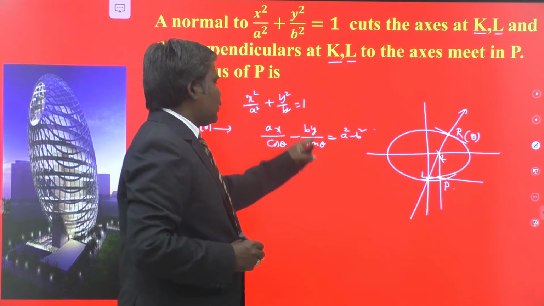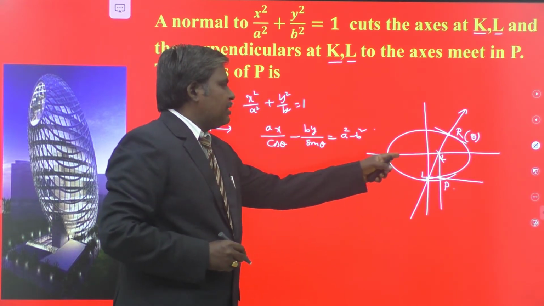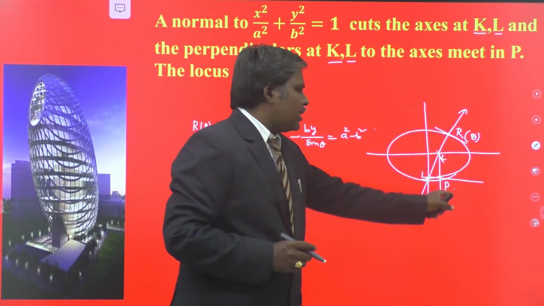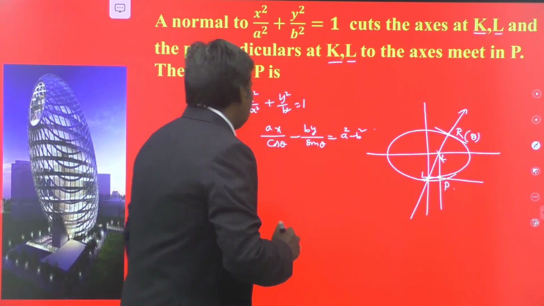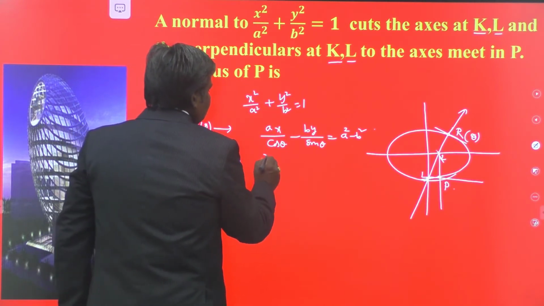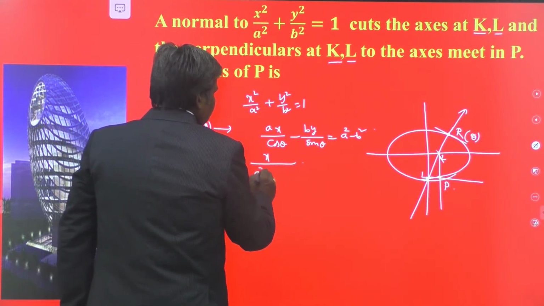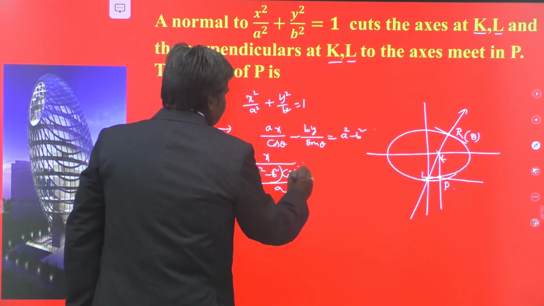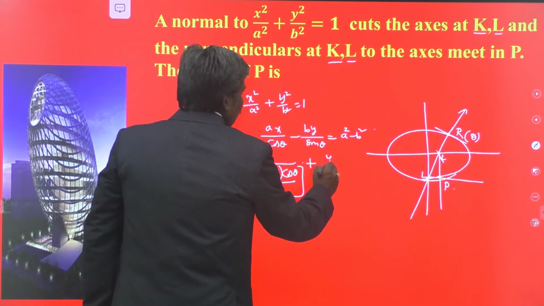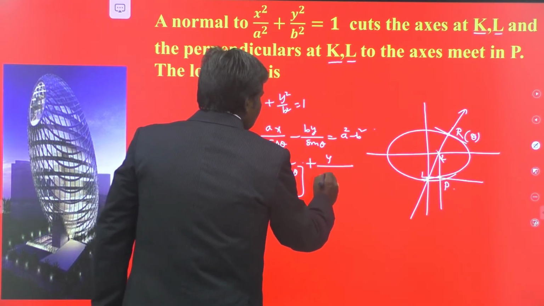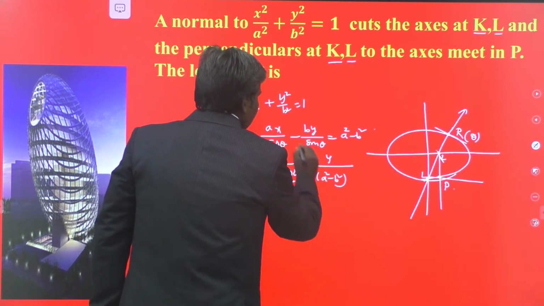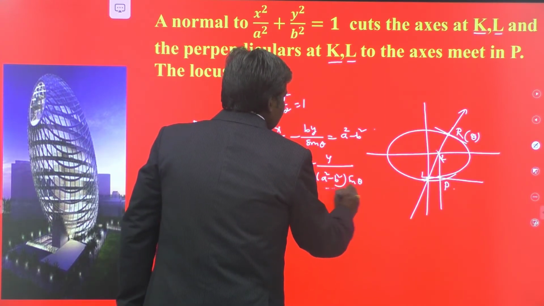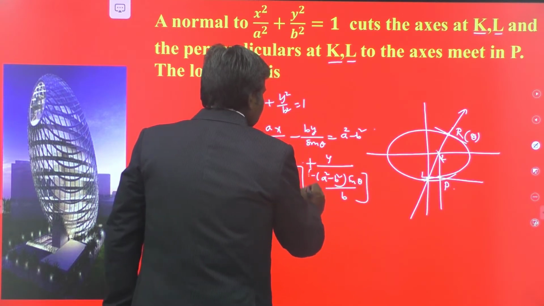If you write this equation in the intercept form, immediately we can write the coordinates of K comma L. If you combine them, you get the coordinates of P. Understand? So what is the intercept form for this one? x by (a square minus b square) into cos theta by a, plus y by (a square minus b square), I am writing the minus here, into sin theta by b, is equal to 1.